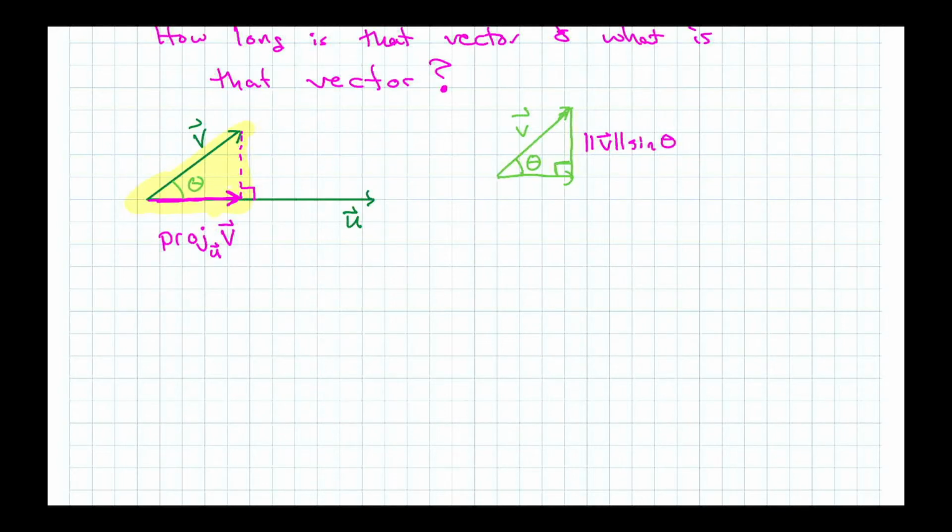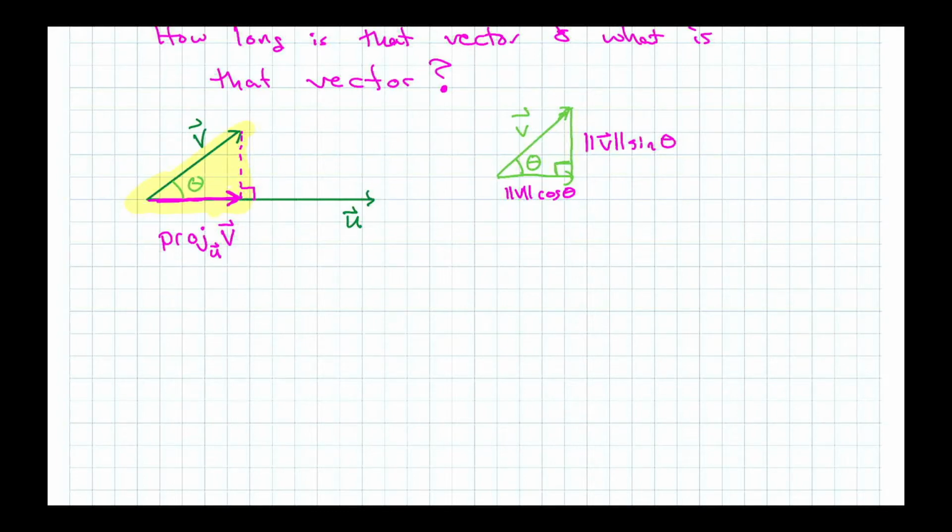And this side would be magnitude of V times the cosine of theta, right? So like if V was 1, then the sides would be sine theta and cosine theta. And that's pretty basic trigonometry. I'm not going to go over that. I'm just going to state it.